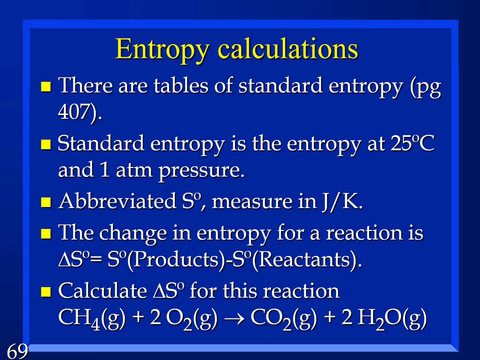Here, we're not going to be able to predict this very well, because this has 3 pieces and that has 3 pieces. The reactants start off with 3 gases. The products end up with 3 gases. So that didn't change very much. I'm not expecting the entropy to change very much here. I can't tell what's going to be positive or negative, but I know it's not going to be very big. Does that make sense?